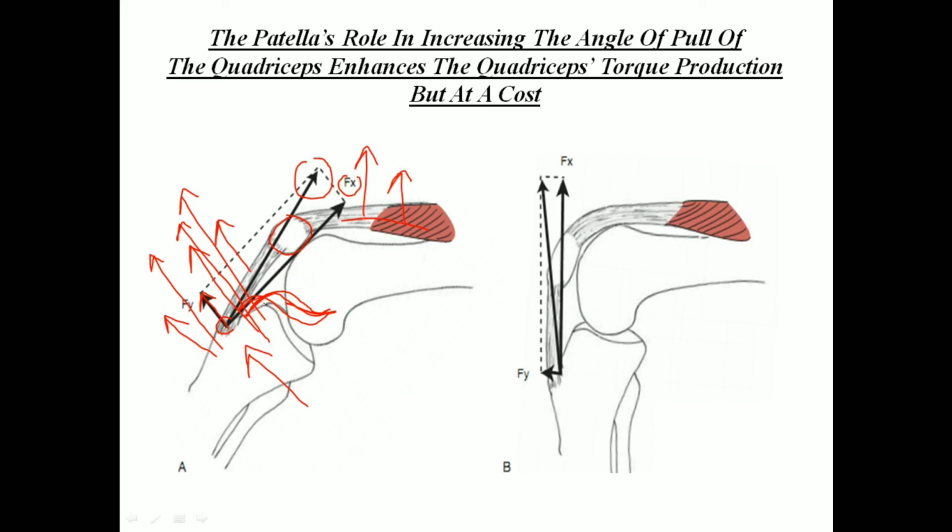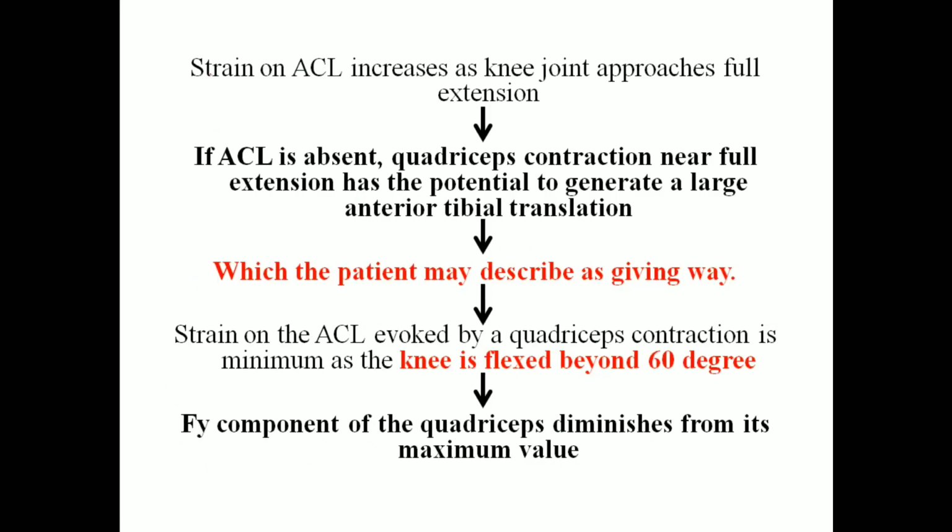When the quadriceps tendon and patellar tendon try to pull the tibia in anterior translation during extension, there is more stress on the ACL, which prevents the tibia from going in the anterior direction. So the strain on the ACL is going to increase as our knee joint approaches full extension.